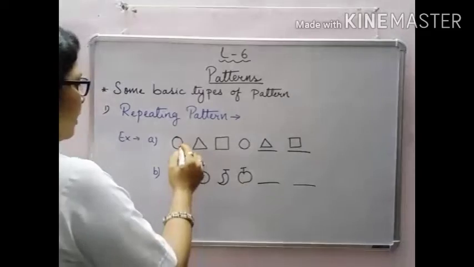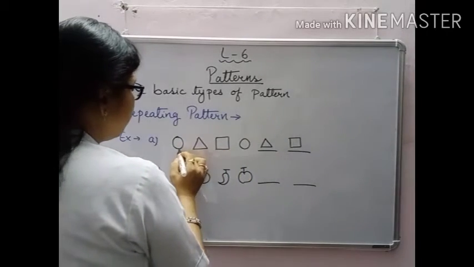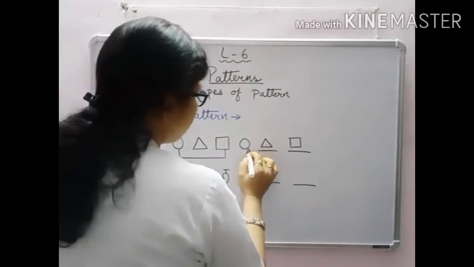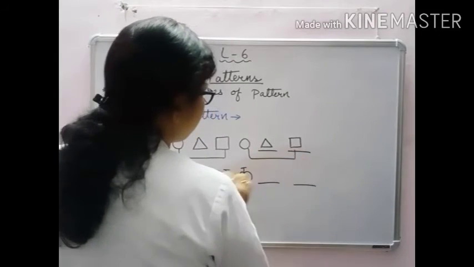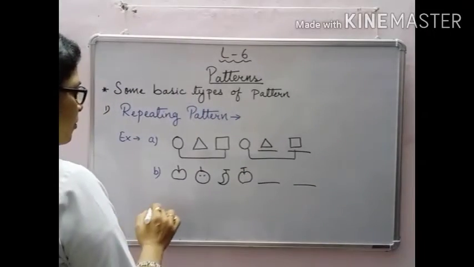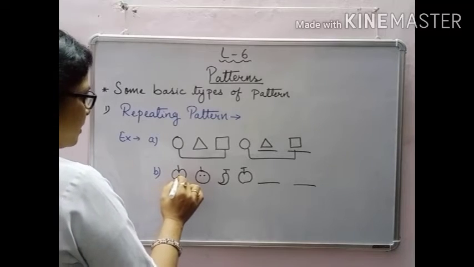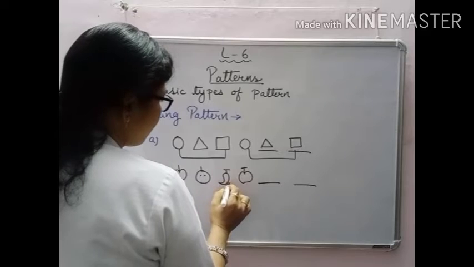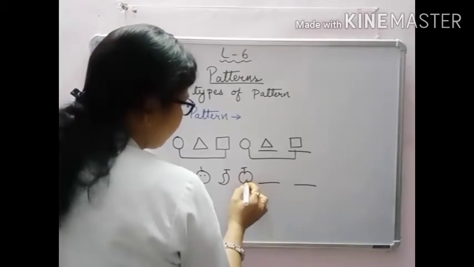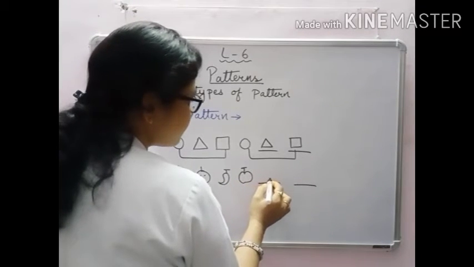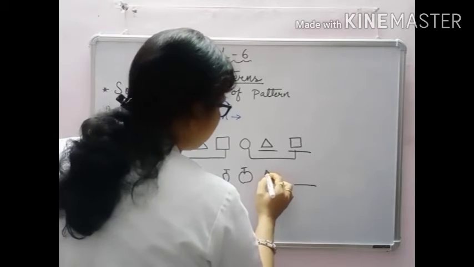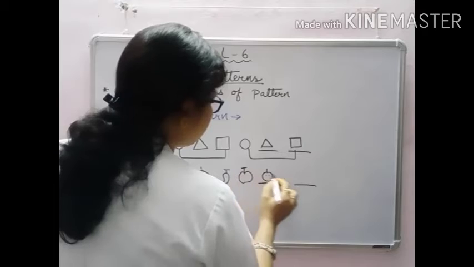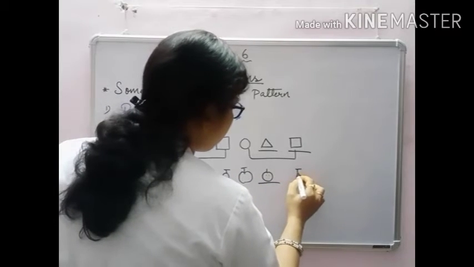Look, in this pattern, these three basic figures are repeating again and again. Now, in the next example, apple, then berry, then mango. After apple, what will be next? The figure of berry. After that, the figure of mango.